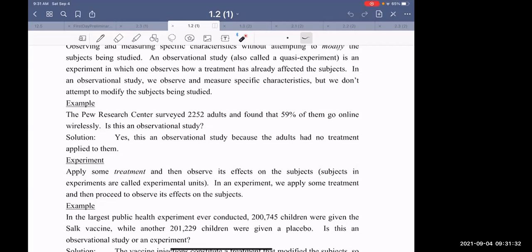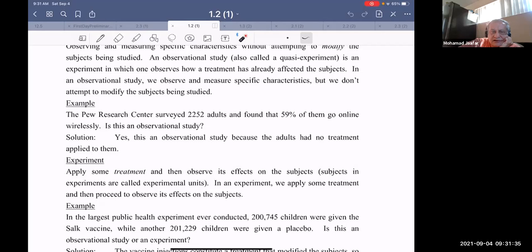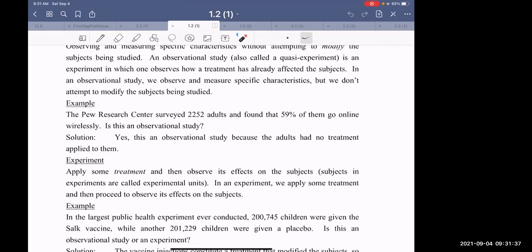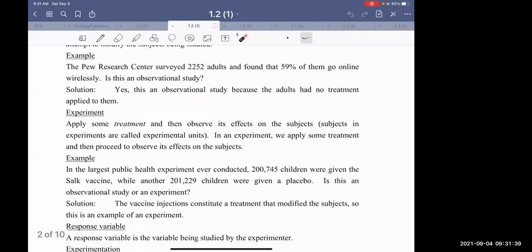How many people think experiment? It is an experiment. So this is an experiment because the vaccine constituted a treatment, because they were trying to modify a subject. They were trying to see if this vaccine would make a difference on getting polio or not.